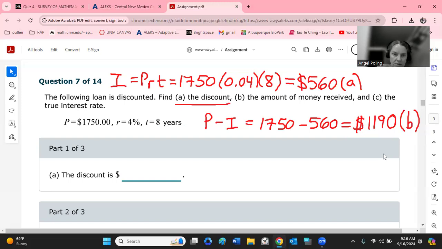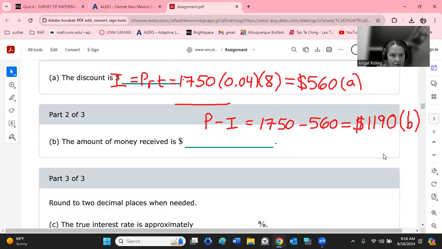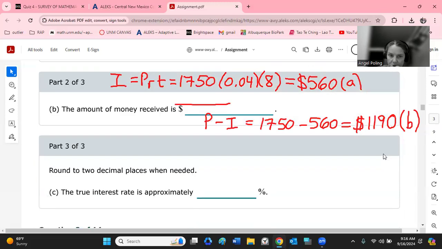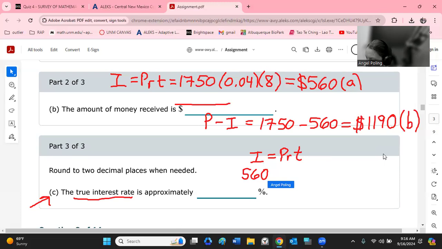So let me scroll this down a little. The true interest rate, see here, is to use your I equals PRT. And I is the result of A. Your new P, which is like your discounted P, is, yeah, I think that's fine.